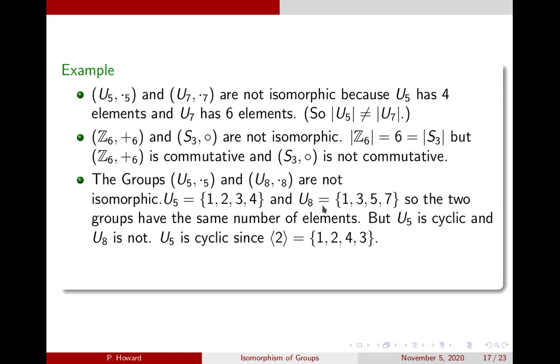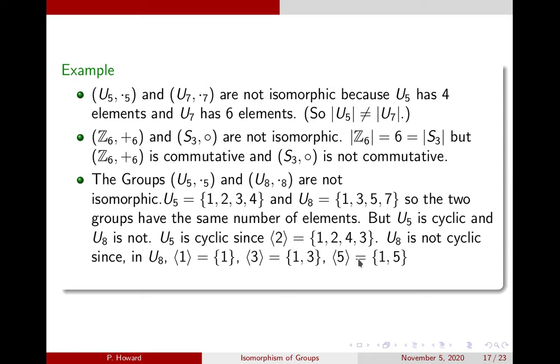U sub 8 I did in a similar way. I calculated the subgroup generated by each of its elements, 1, 3, 5, and 7, and in none of those 4 cases did I get all of U sub 8. The subgroup generated by 1 I really didn't have to check. That will consist of only the identity element 1. The subgroup generated by 3 had elements 1 and 3.